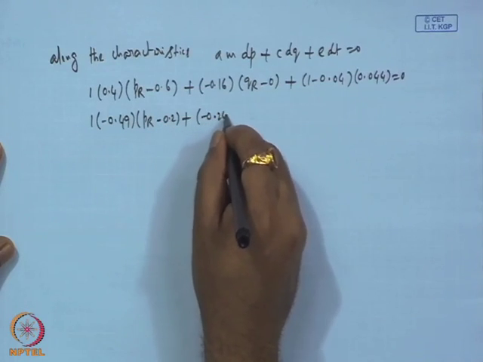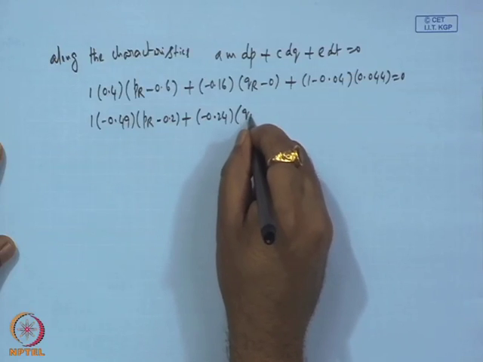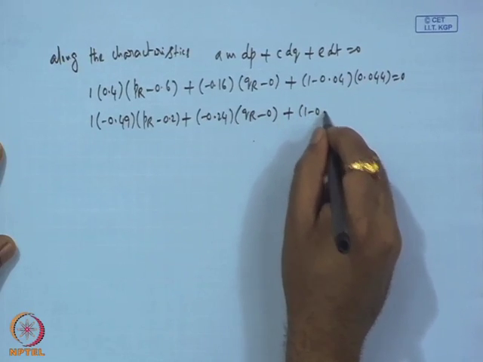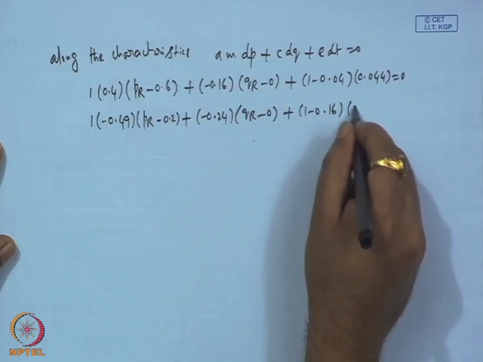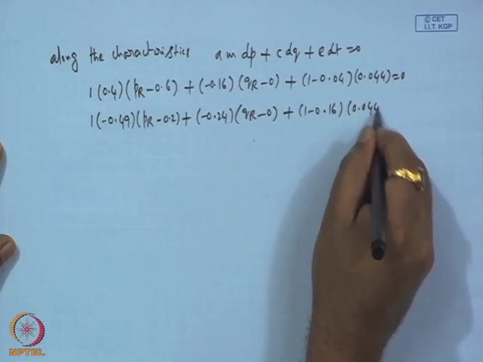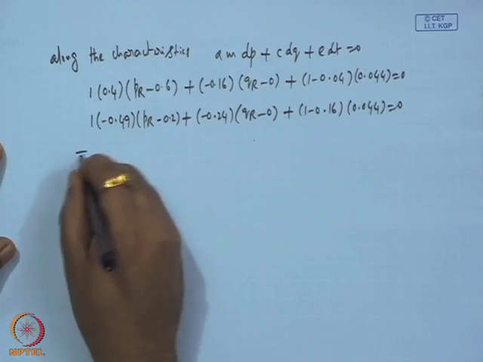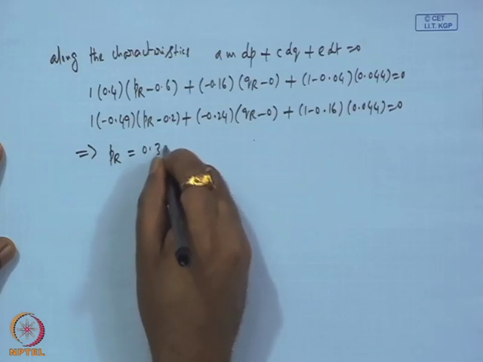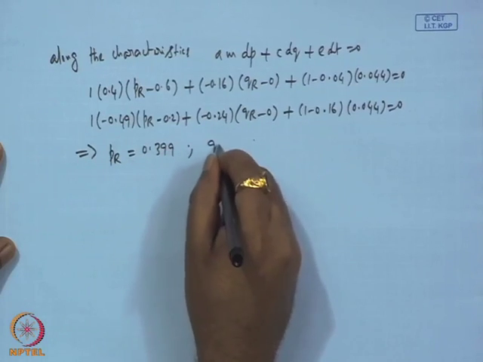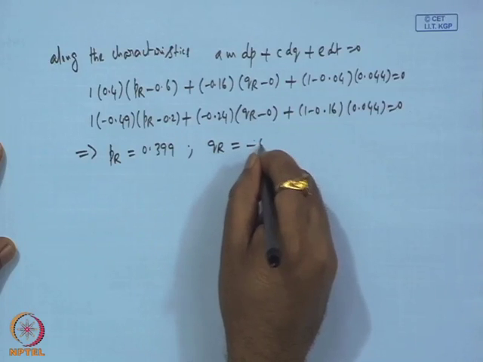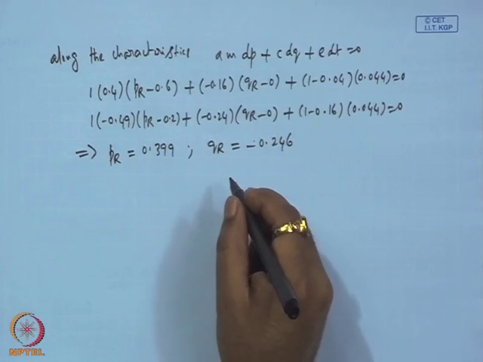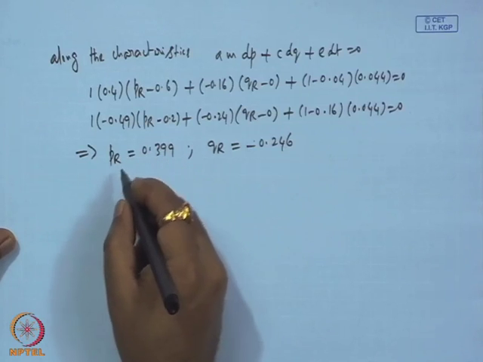I am just substituting the corresponding values, nothing else. So, we get PR is, QR is. Okay.